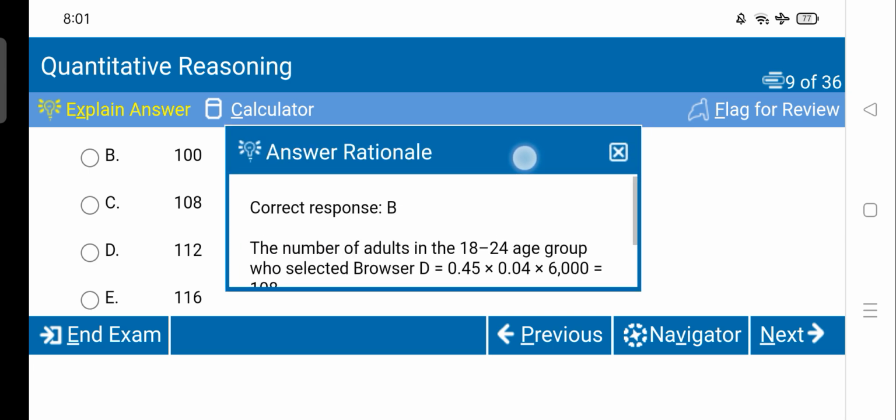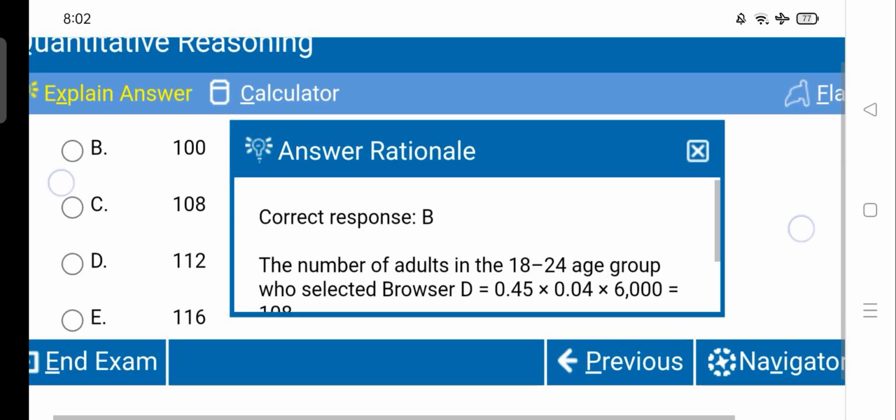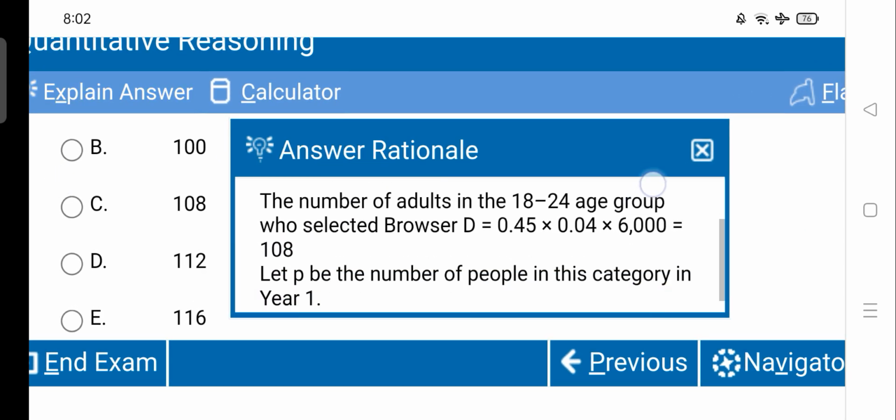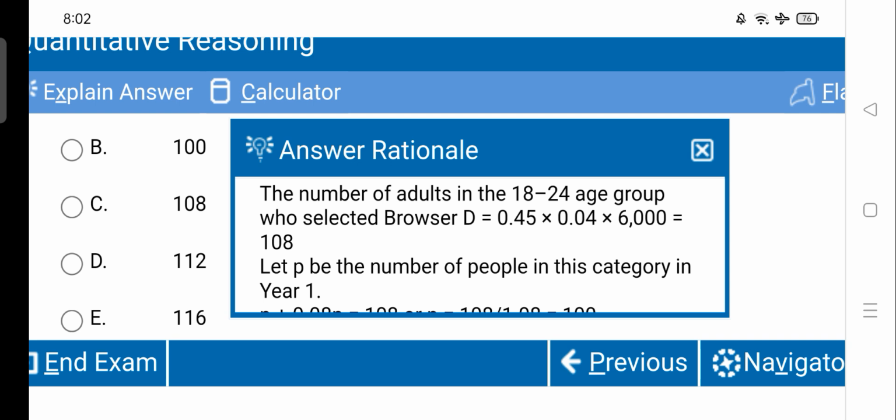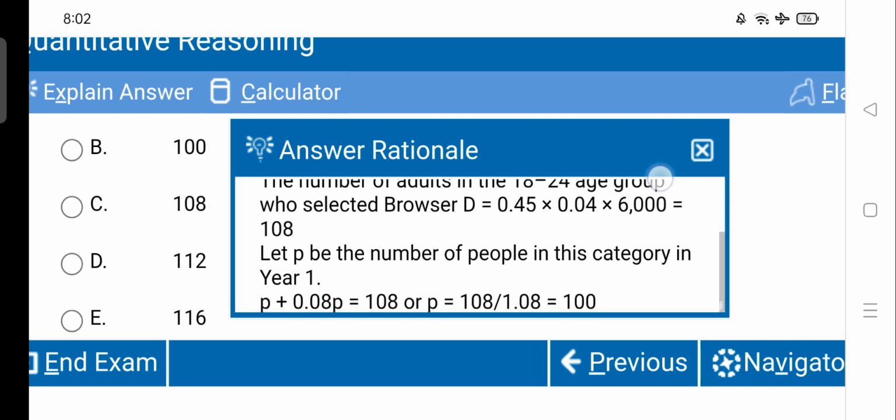The correct response is option B. The number of adults in the 18 to 24 age group who selected browser D equals 0.45 multiplied by 0.04 multiplied by 6,000 equals 108. Let P be the number of people in this category in year 1.